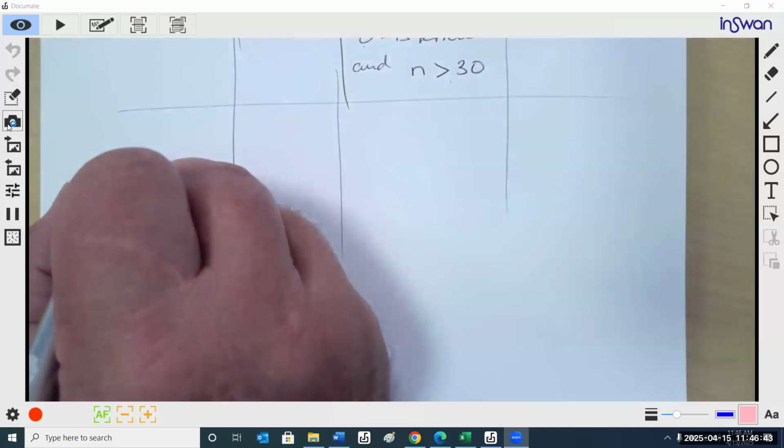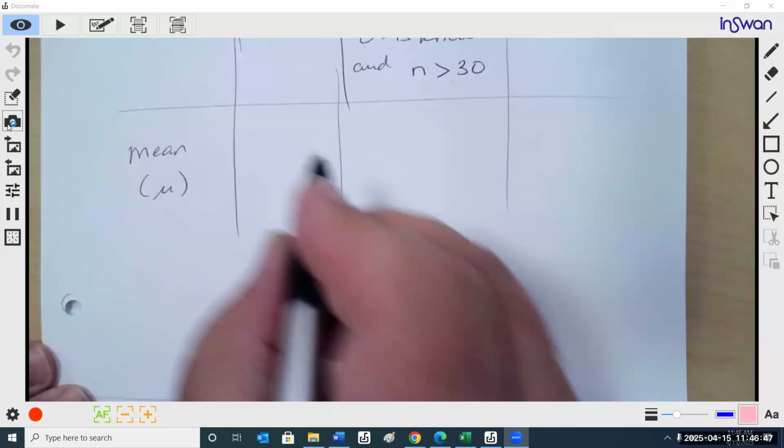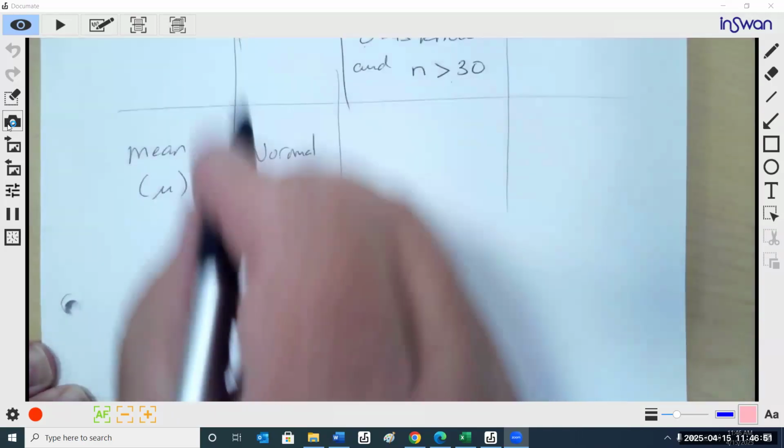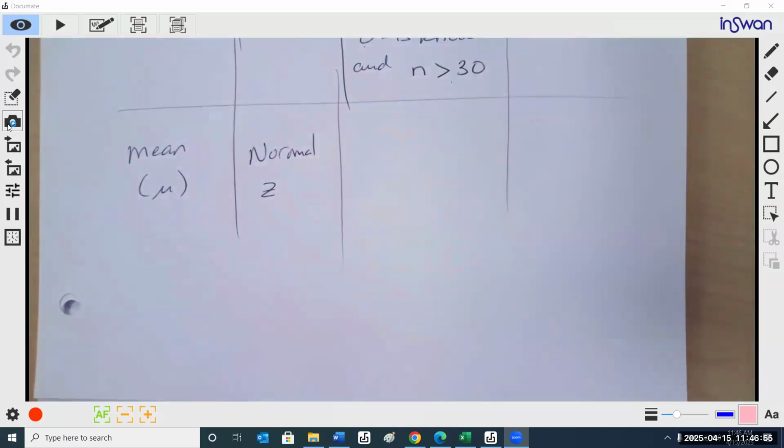We have another condition. If we're going to use the mean, the mu, and we use a normal distribution, we can use the z-score here, the z-test.